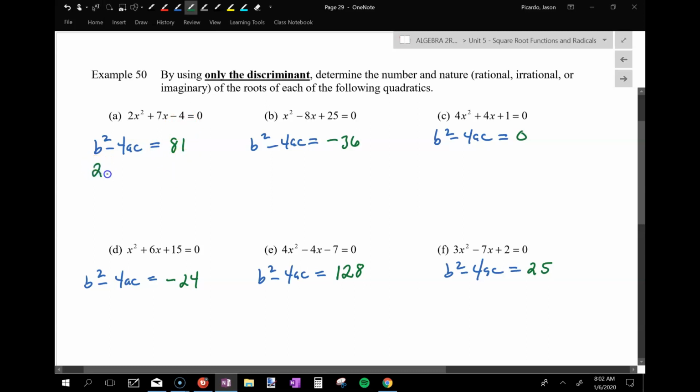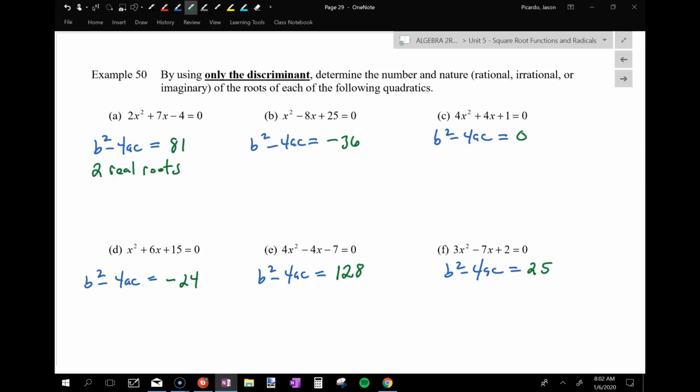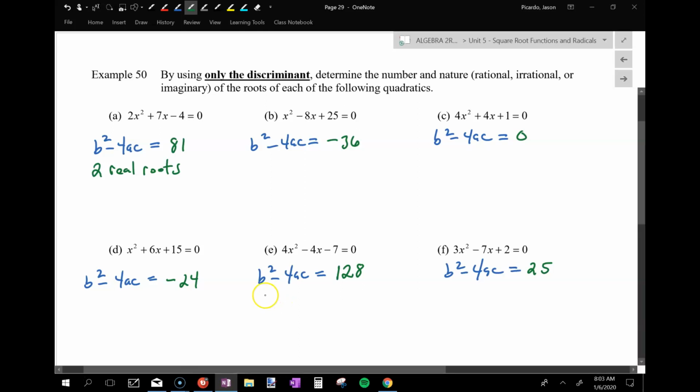Guys, anytime I have a positive number, how many roots am I going to have? 2. Are they going to be real or imaginary? So I know that this is 2 real roots. Guaranteed.